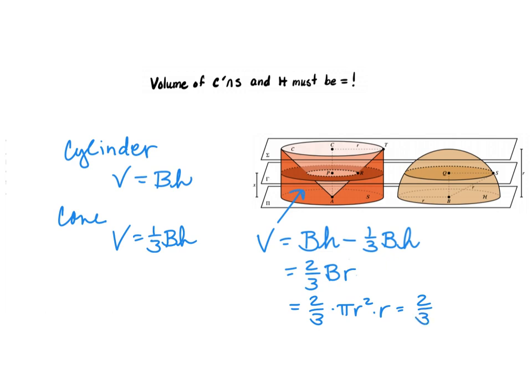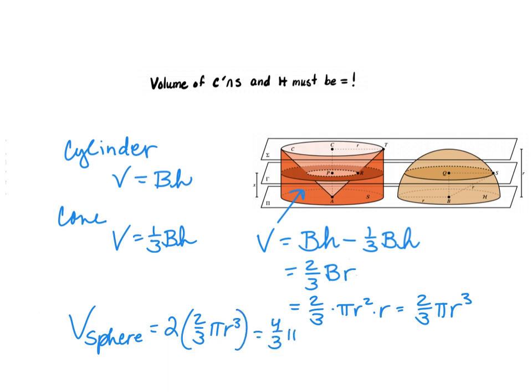So this leaves me 2/3 pi r cubed. Well, the sphere is double that. It would be 2 times 2/3 pi r cubed, or 4/3 pi r cubed. And there you have the volume of a sphere formula that I told you earlier. Isn't that fun?